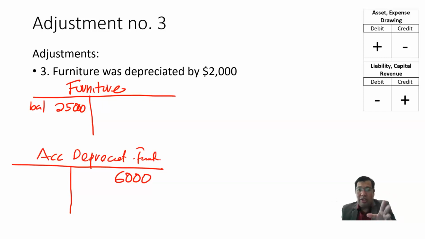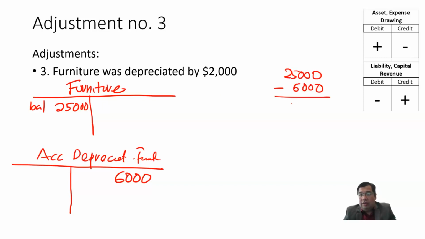It already lost its value by 6,000. So the net value or the carrying amount for this furniture is 25,000 minus 6,000, that gives you 19,000. So this is the current value, the net book value or the carrying amount for this asset, furniture.